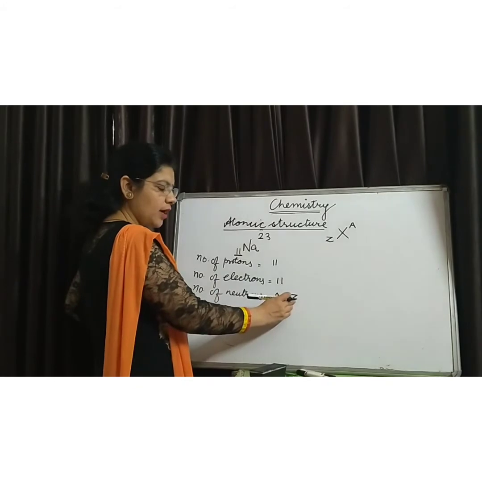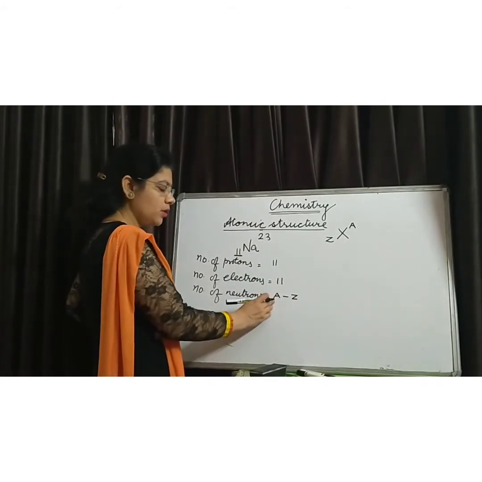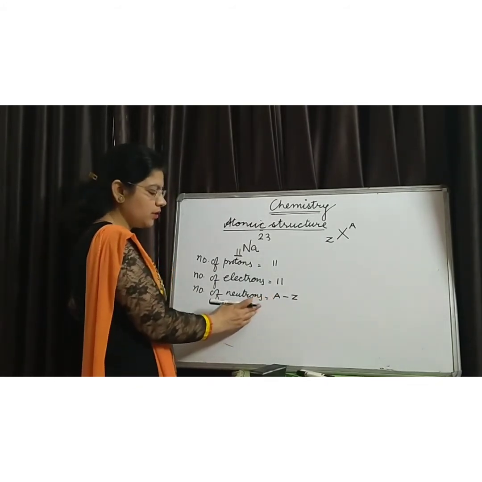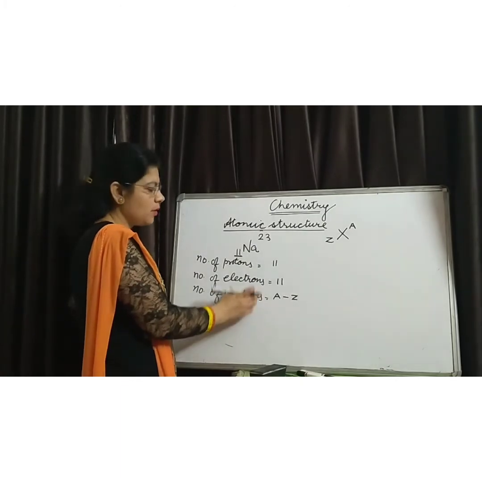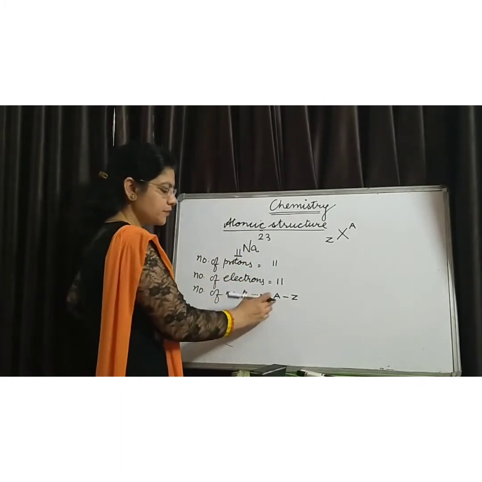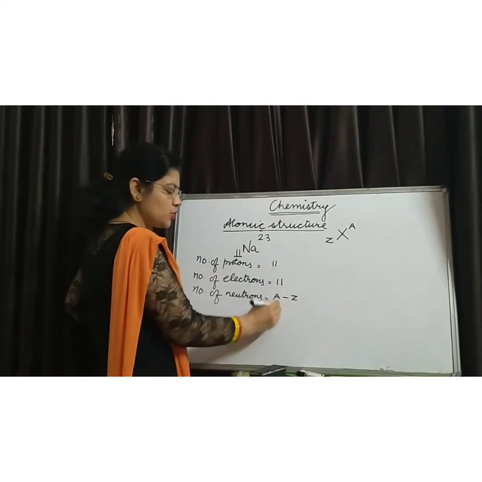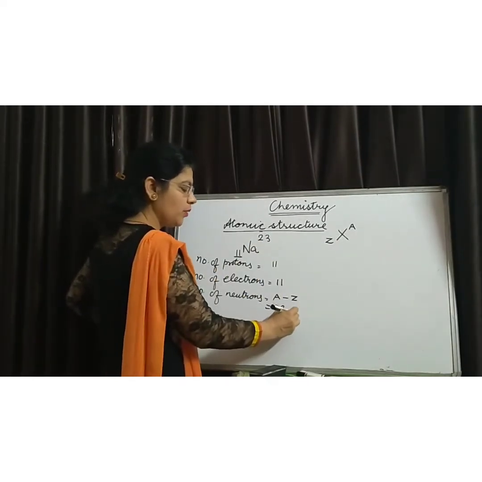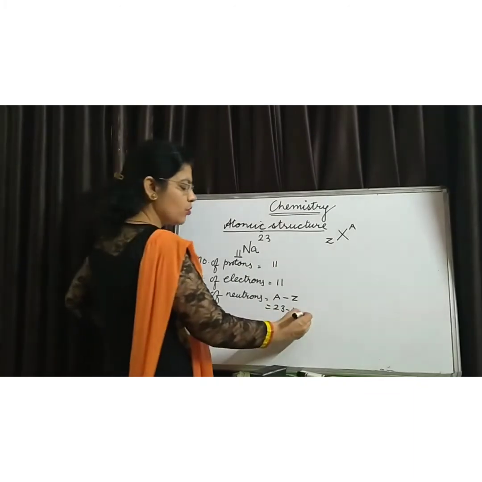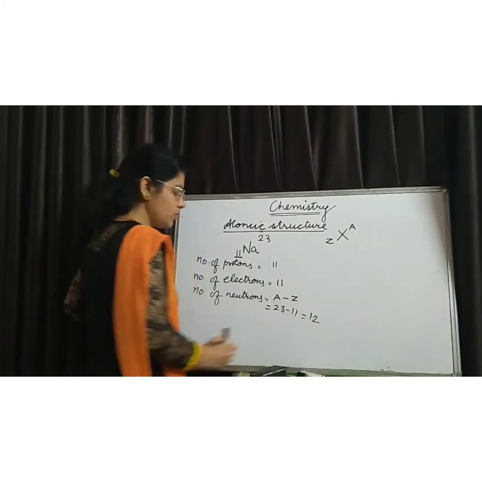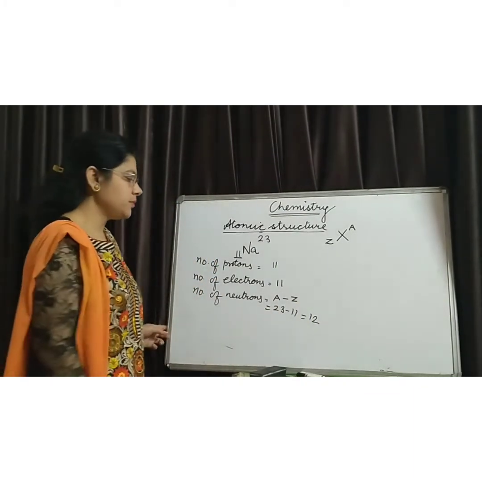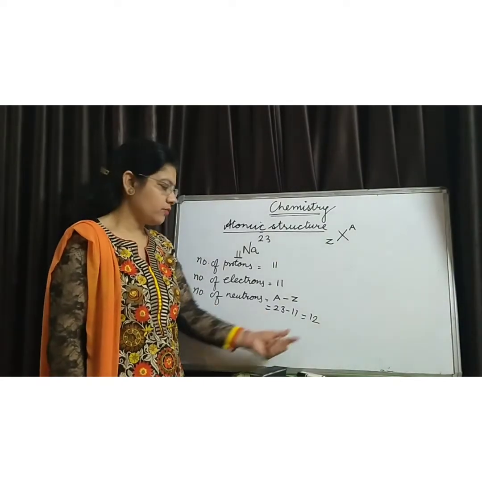If we subtract the atomic number from its mass number, then we can easily calculate the number of neutrons present in the atom. In the case of sodium, its mass number is 23 and its atomic number is 11. So, the number of neutrons in the sodium atom is 12.